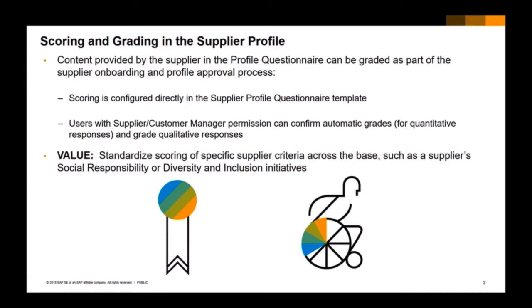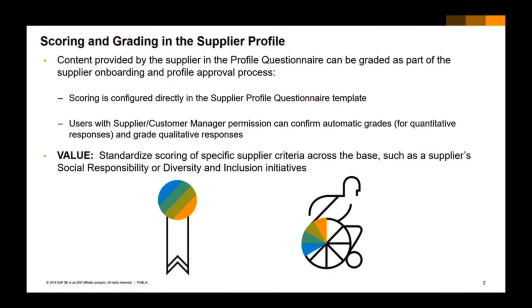Of course, the utility of this will depend on the type of information that you're collecting from the supplier in the SPQ. You can't grade an address, but for example, if you're collecting certain information from the supplier, let's say about social responsibility or diversity and inclusion initiatives or standards that they might have, and those are qualitative or quantitative, we could set scoring for those individual questions and have them roll up, for example, to a score on a variety of social responsibility and diversity dimensions, or really any other type of score you might want to have.